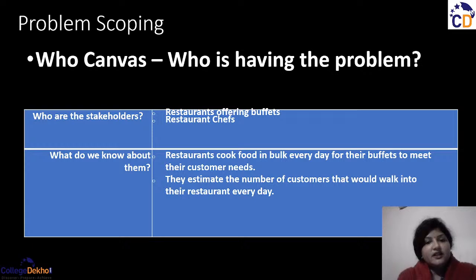So the first stage, as I told you, is problem scoping. Whenever we start, we identify the problem which is arising, and we are going to apply the AI project cycle to it, right? There are 4 W's in this problem scoping canvas.